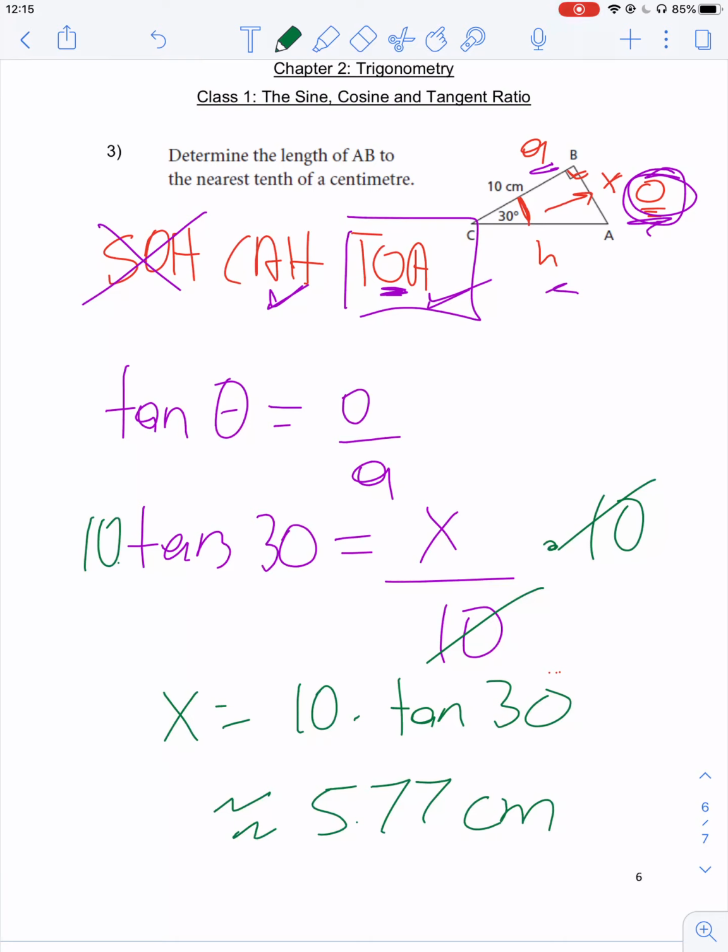Okay, so the focus of next class is to expand on this. So let me just tell you what I will do next class. Now that you know that this is 5.77 centimeter, you can actually use the Pythagorean theorem to figure this side out, or you could just use the cos ratio to find your hypotenuse.